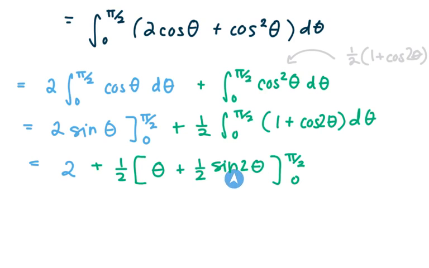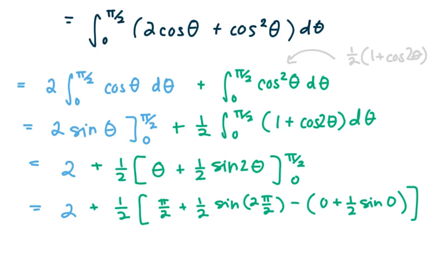Sine of 2 times 0 is sine of 0, which is 0, and half of 0 is 0, so that doesn't matter. So we're going to have pi over 2 plus 1/2 sine of pi over 2 times 2, that's the sine of pi, and sine of pi is 0. So this simplifies very nicely because the last terms turn into 0. Again, sine of pi is 0. So I end up with 2 plus pi over 4.